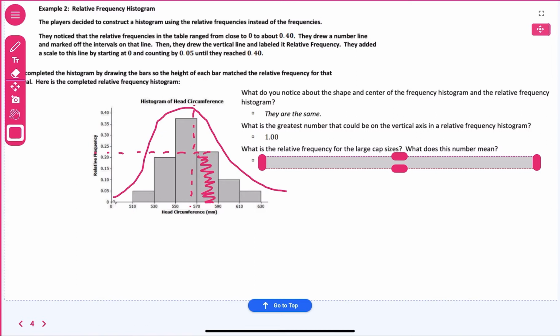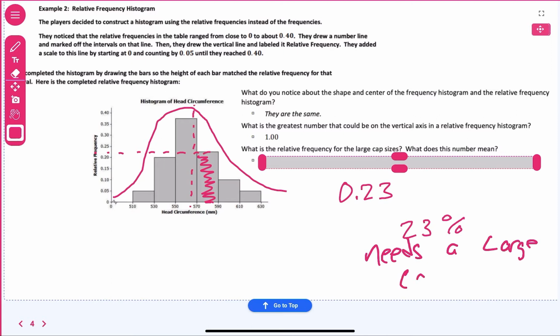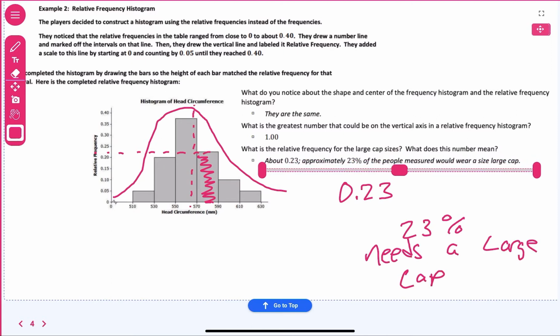And so we would say that's about 0.23, which means about 23% needs a large cap. That's how many you would need to order so that they could wear a large size cap.